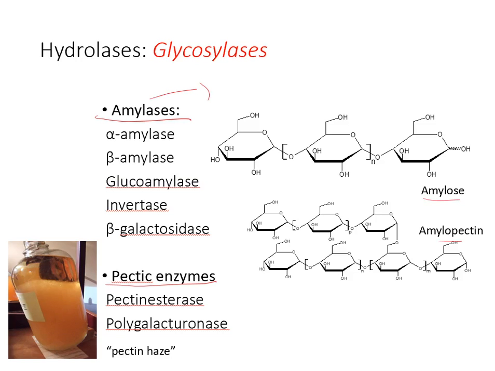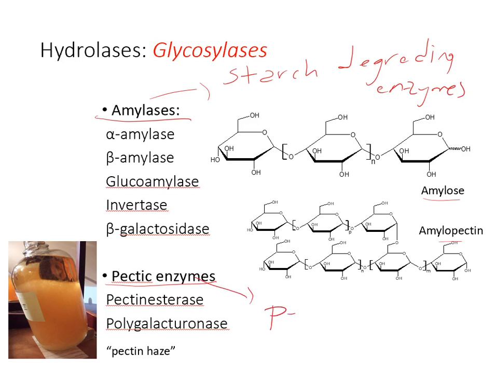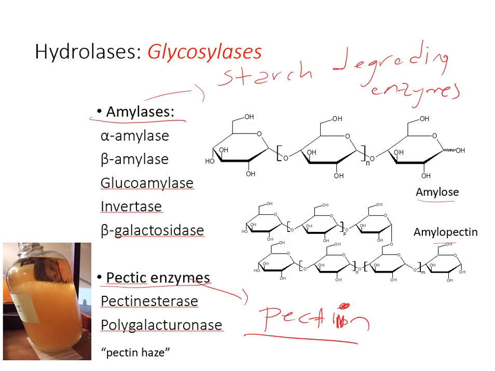They are called starch degrading enzymes. And we have pectic enzymes. They work on pectin. So they hydrolyze glycosidic bonds.